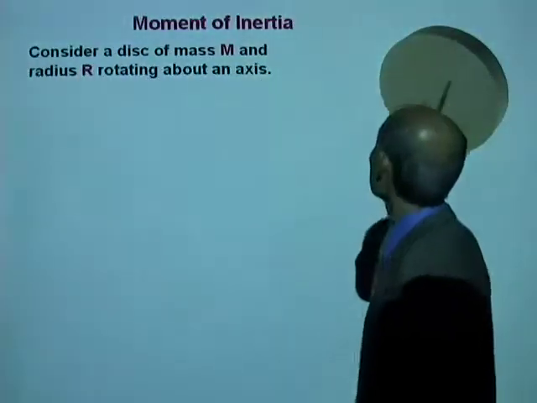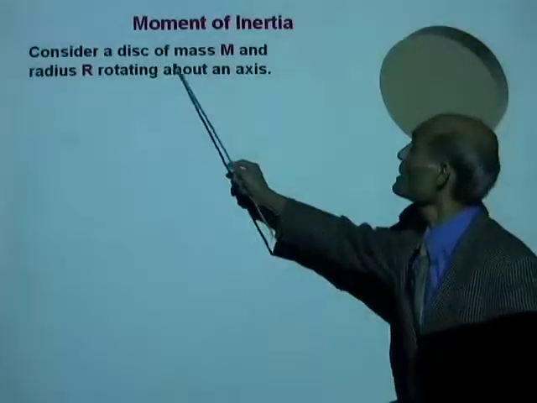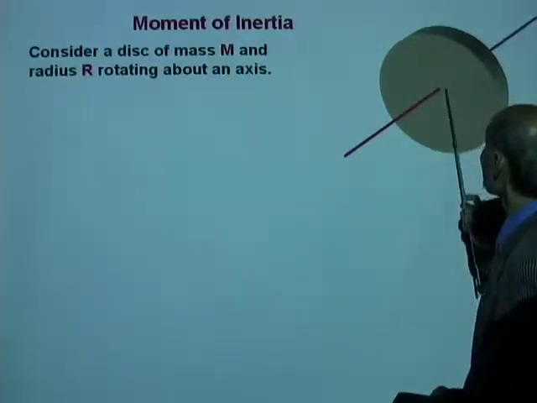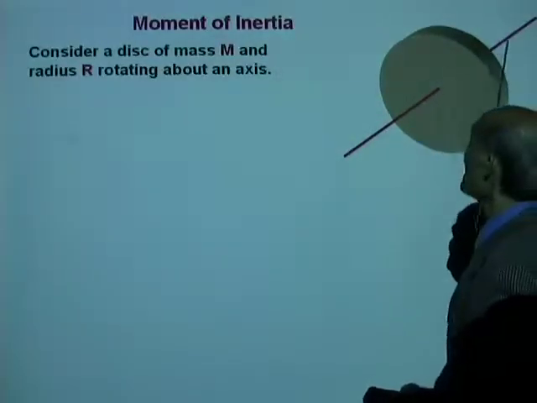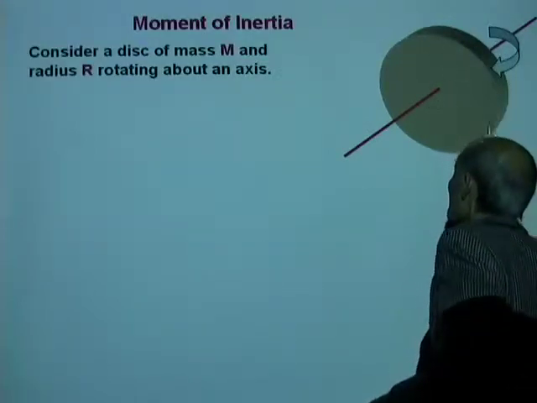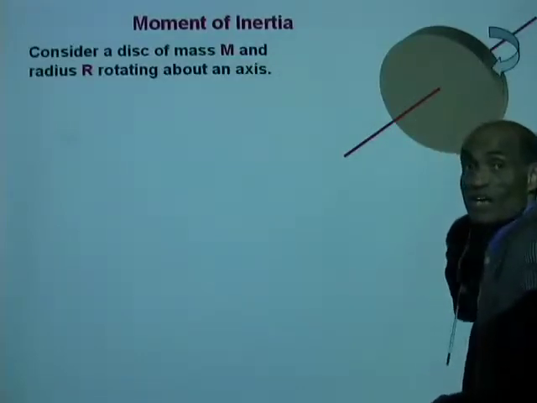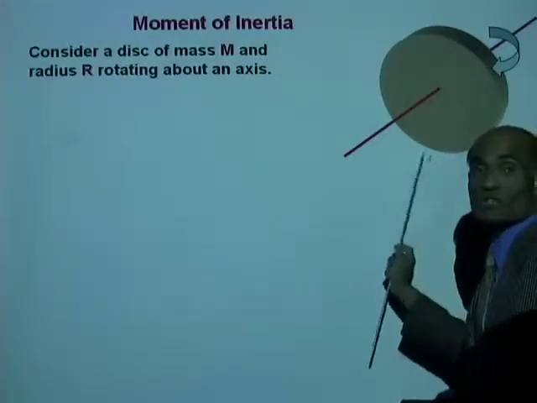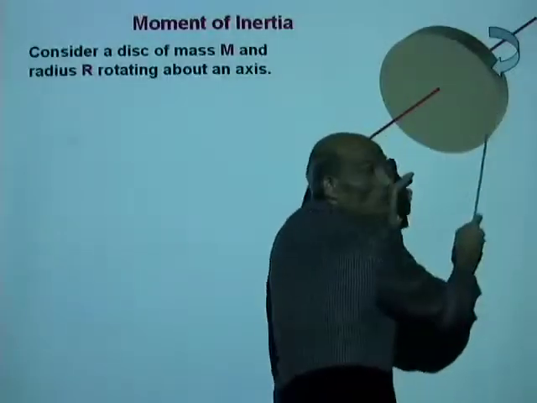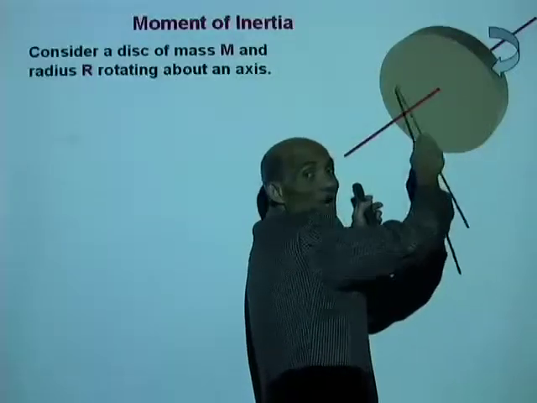Now, here is the disk that I have just been showing you. Consider a disk of mass m and radius r rotating about an axis. Can I say the disk is rotating in the clockwise direction? The direction of rotation is the direction of motion of the hands of a clock.